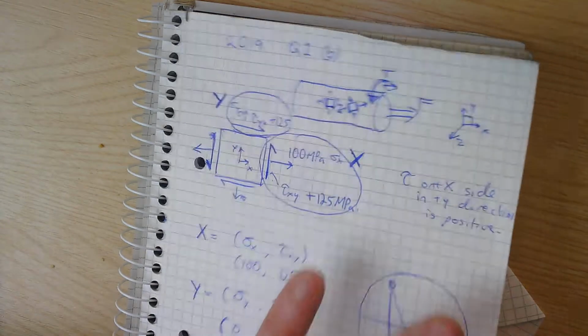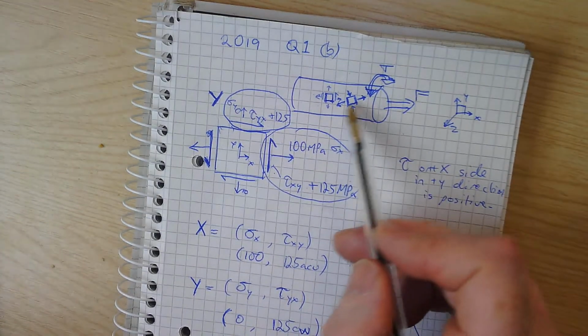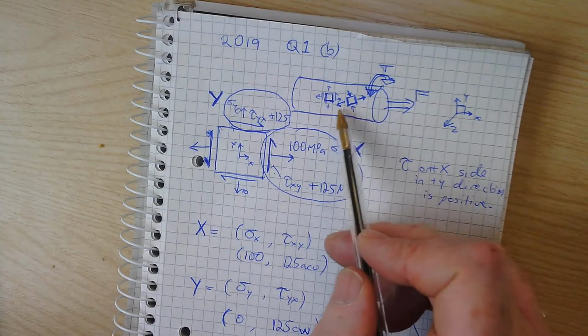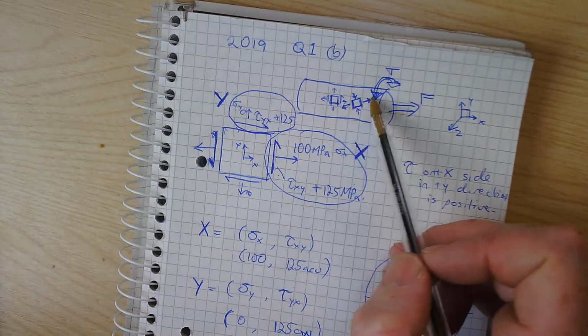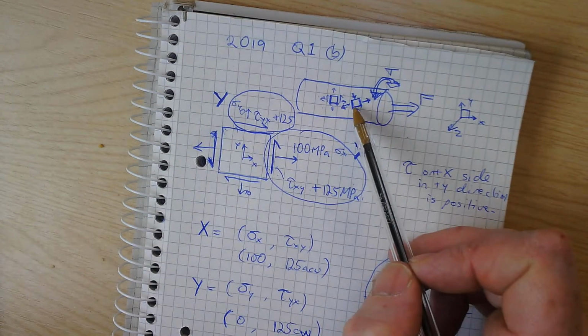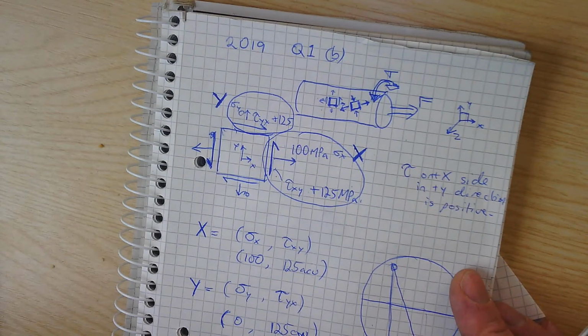Okay? And depending on what the shaft is made from, if it was going to break, it might break in that plane. If it was made of something brittle like a ceramic, it might well break in that orientation.